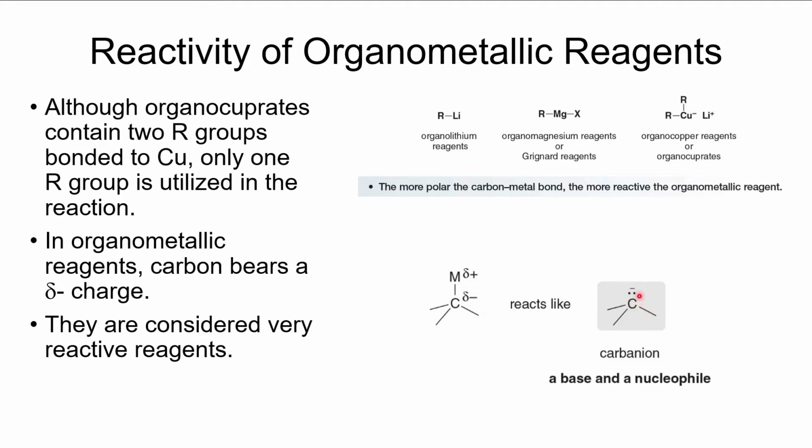So this is how we think of these reagents, as having a carbanion where we have a full negative charge on the carbon, even though it's somewhat less than a full -1 charge. So these are all considered very reactive, and there are some precautions that we have to take when we're working with them. If we don't take those precautions, we'll end up messing up our reactants, and we won't be able to do our intended reaction.